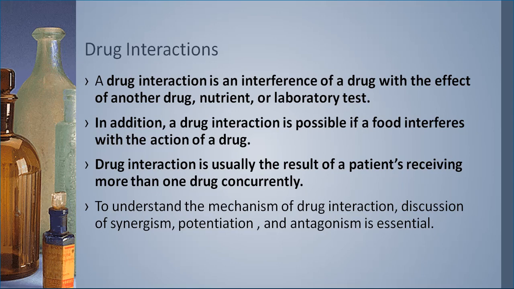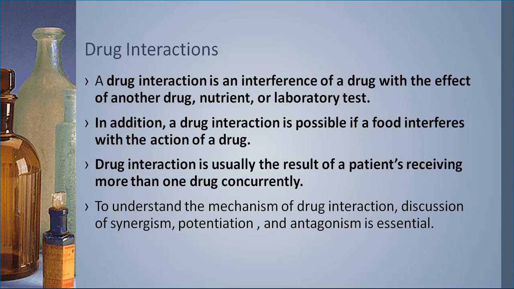In addition, a drug interaction is possible if a food interferes with the action of the drug. I've talked about it. And the one common example is milk. Okay, milk cannot be taken with a lot of antibiotics, including tetracycline, because it will not allow tetracycline to be absorbed. All right. There are some foods that rather help the medicine to be absorbed.